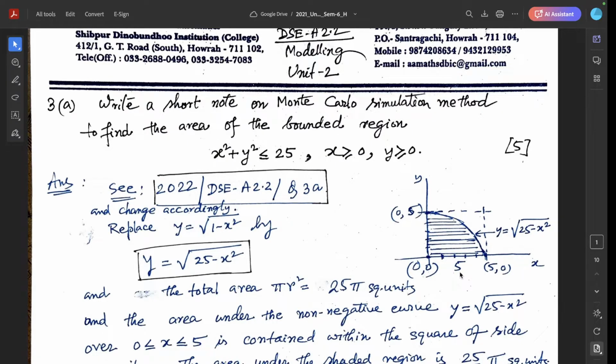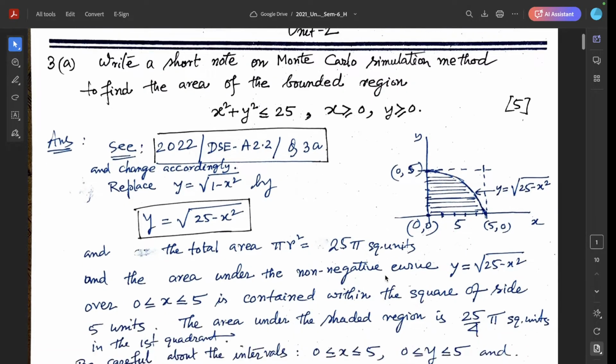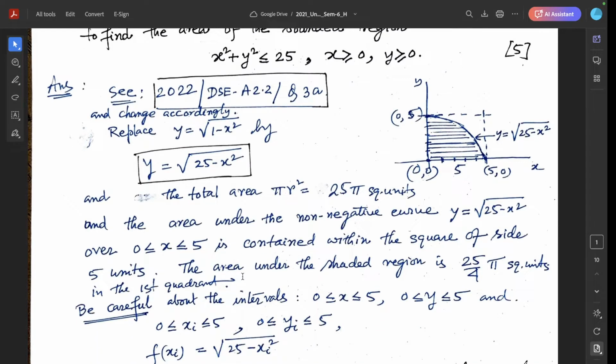This part of the circle, one quarter of the circle, with x from 0 to 5 and y from 0 to 5, is contained within the square of sides 5 units. The area of the shaded region is 25π/4 square units.